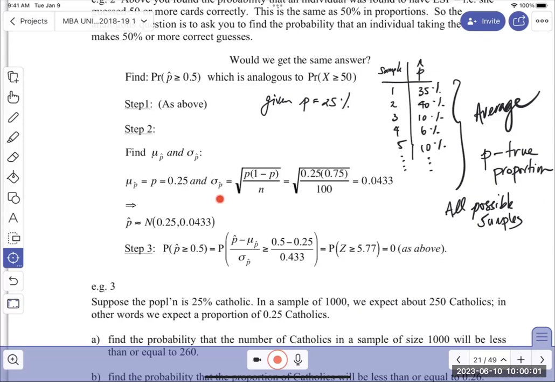And the standard deviation of those could be calculated this way. So if you know p, you should be able to know something about p hat.